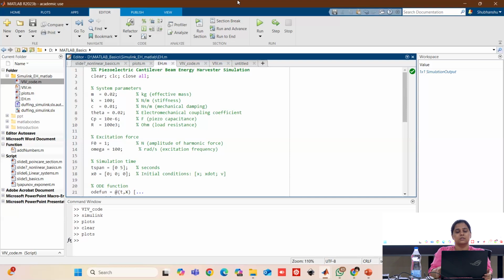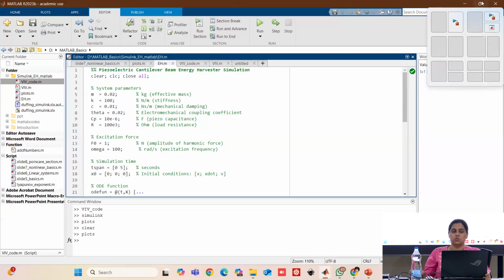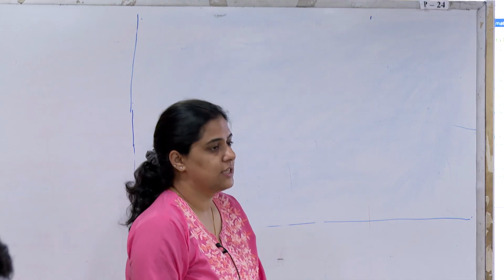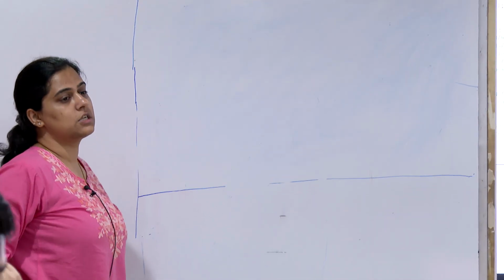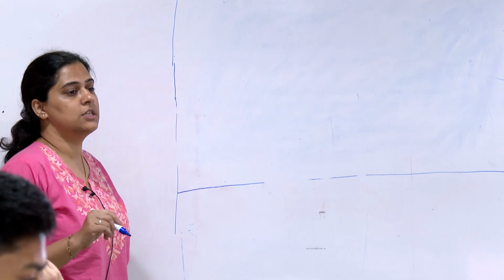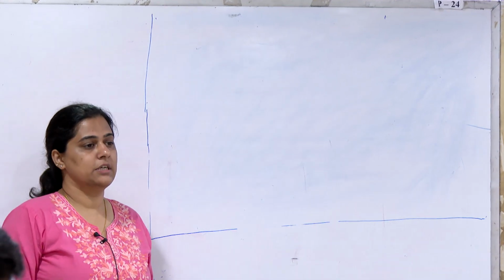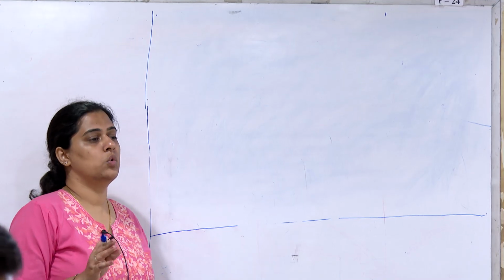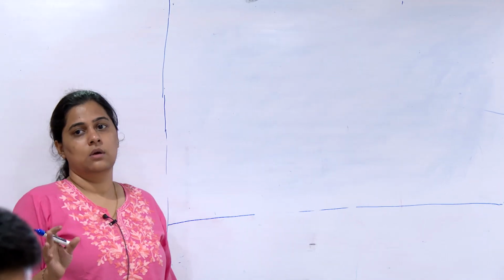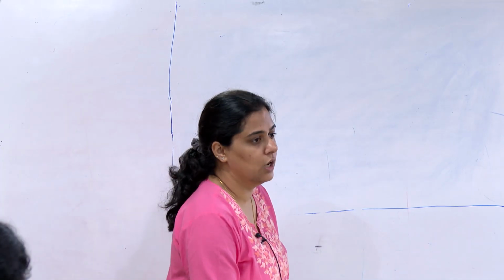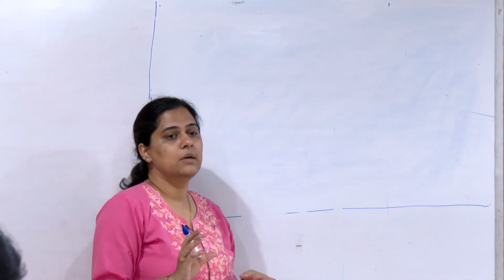So first, before starting with this code, I'll explain how to write state space equations for a piezoelectric beam. I think it's been covered in almost every session that for a piezoelectric energy harvester, or any energy harvester where two different transduction methods are involved, you have coupled equations.